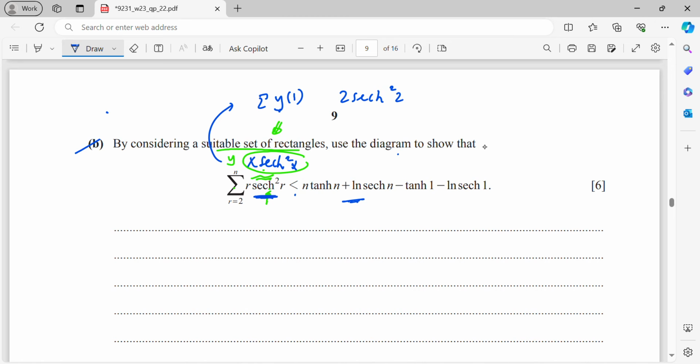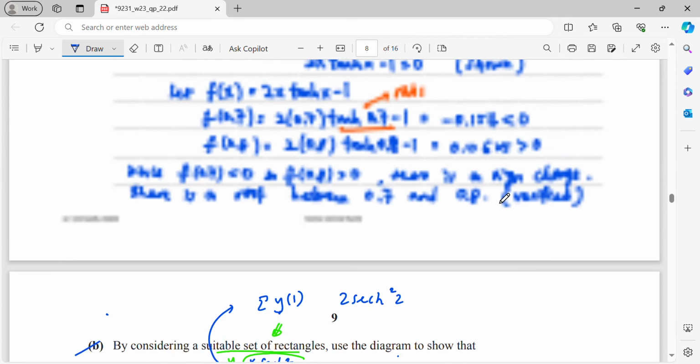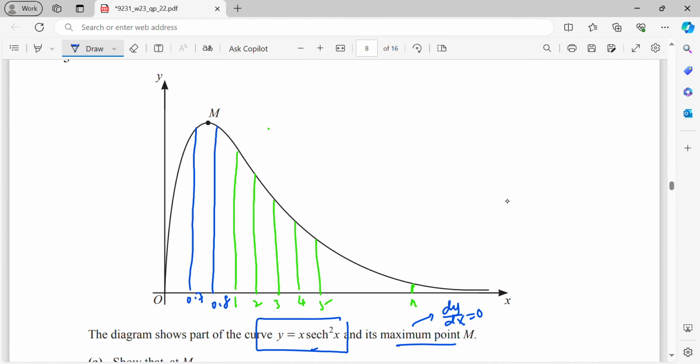That is my first height. Now what I need to do is look at these rectangles, so that they are less than the other one, which is the area under the curve. So I have to draw rectangles. All these will be my rectangles.